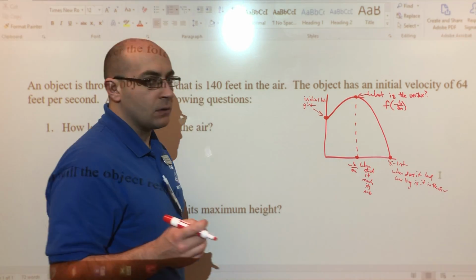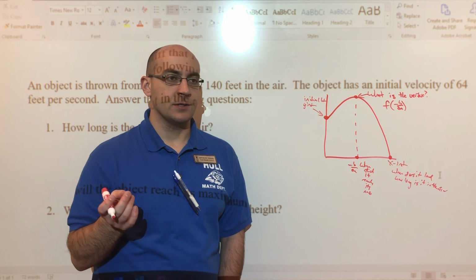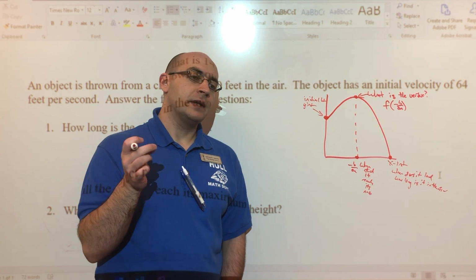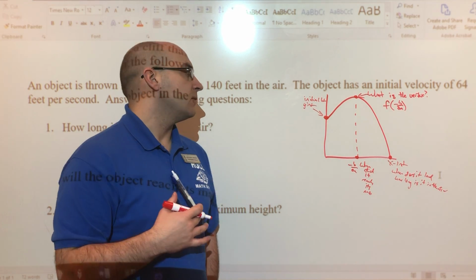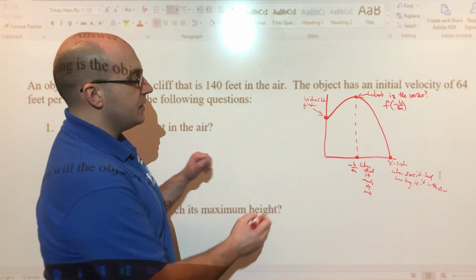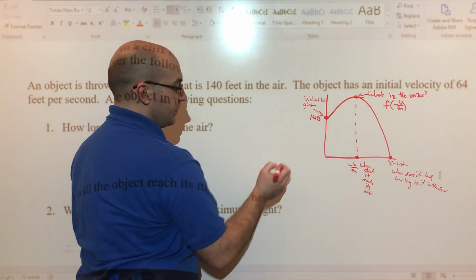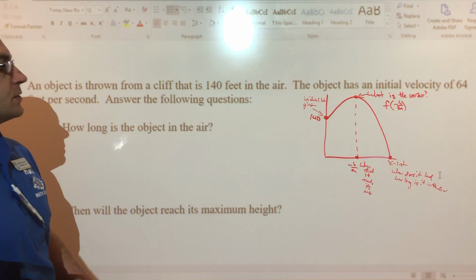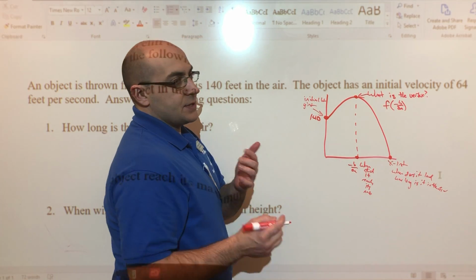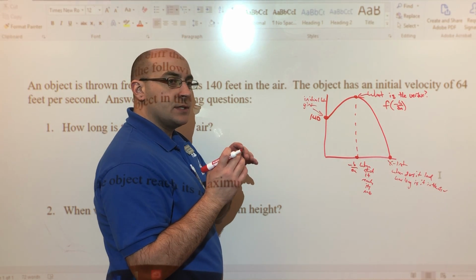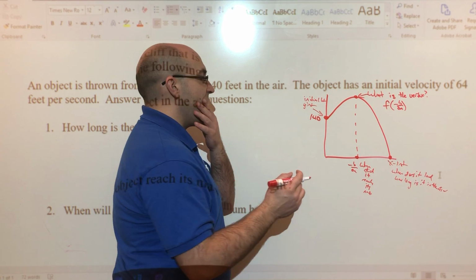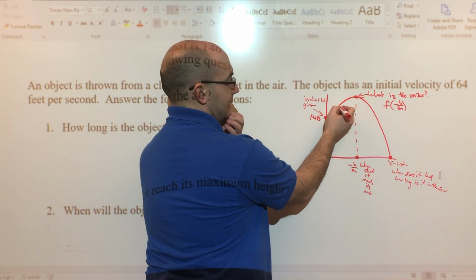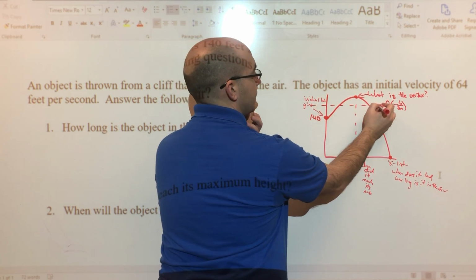Okay. Now, the 5th question, which is a little bit more challenging, is how long is the object above a certain level? Now, for instance, in this question, this y-intercept represents 140 feet, so we already answered one of the questions. I might ask you, how long is the object above 200 feet? Okay, so let's just call it like 200 is this line here.